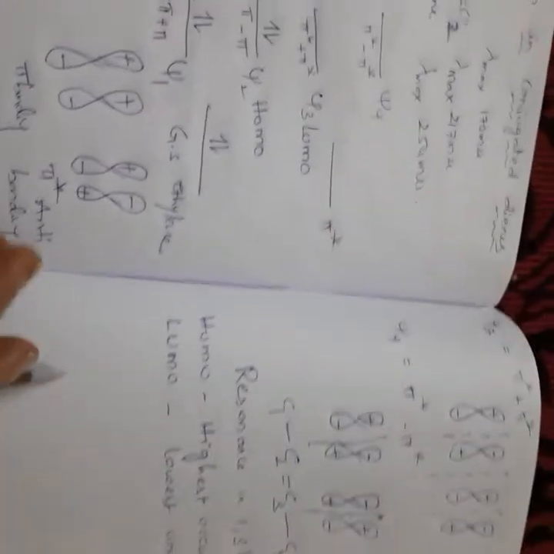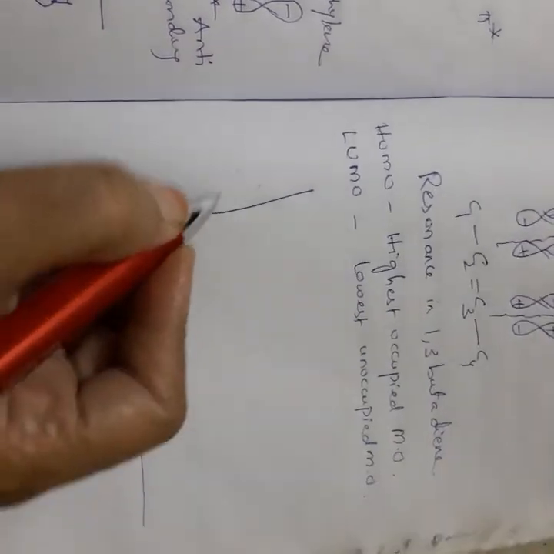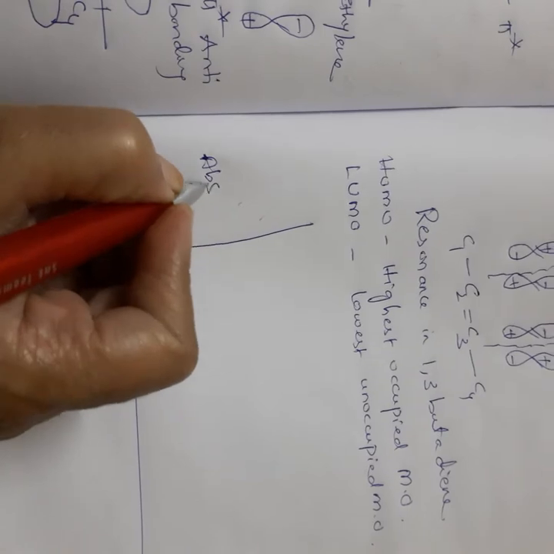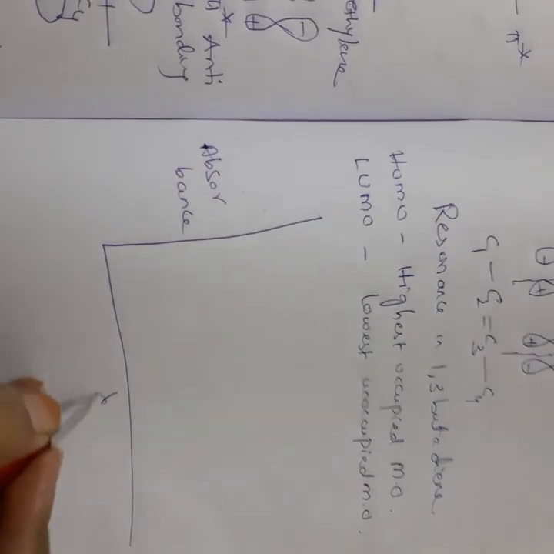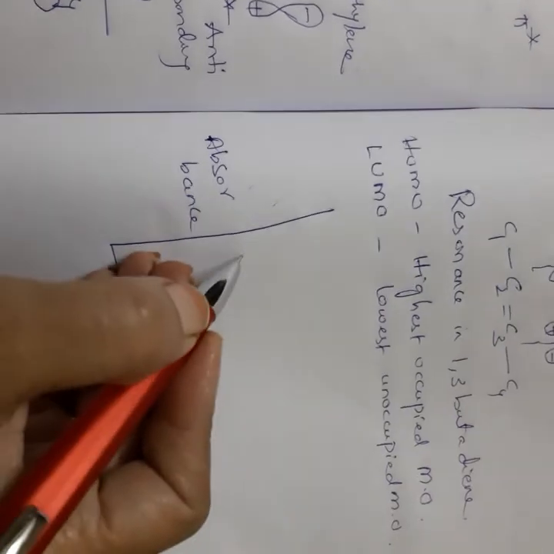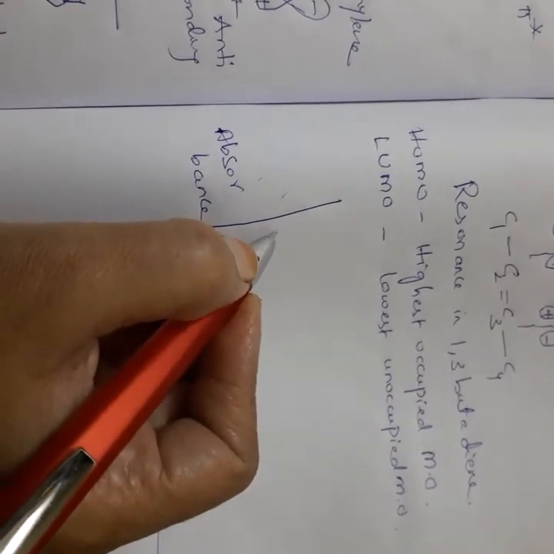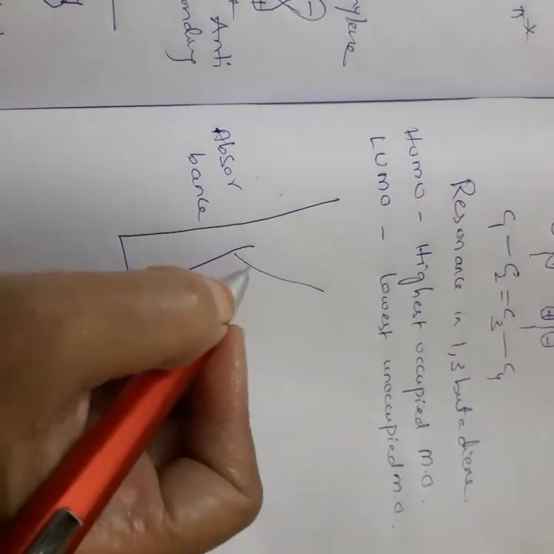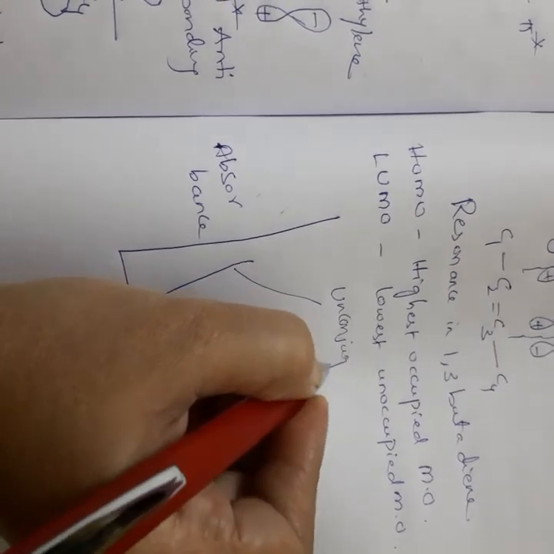So if we draw a graph, writing absorbance on the y-axis and lambda max on the x-axis, the graph is like this. This is for unconjugated alkenes like normal ethylene.